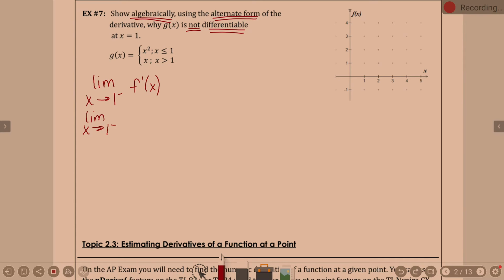Limit as x approaches 1 from the left. Do you remember alternate form? It's f of x, which is the left one, x squared, isn't it? So f of x, which is x squared, minus f of 1, which is going to be 1 squared, over x minus 1.